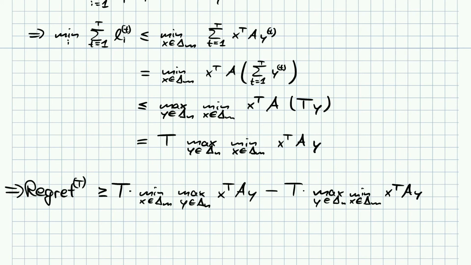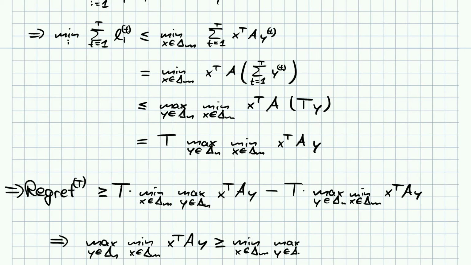Which means now that, let's maybe make this consistent with how we wrote this earlier, the max, the min, this is at least the min of the max minus the regret at time t divided by t.